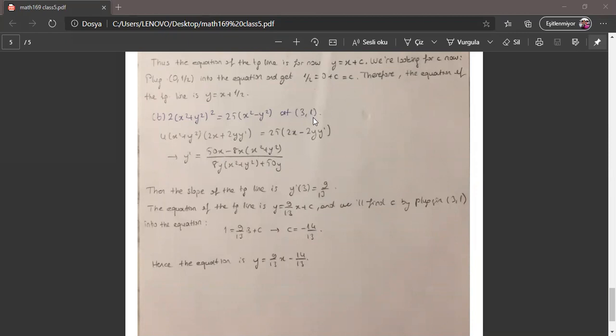Don't forget that point. So we have 9/13. This is the slope. We find c. How do we find it? We just plug this point into this equality and get c, the constant. Okay. Hence, this is the tangent line at this point to this curve.